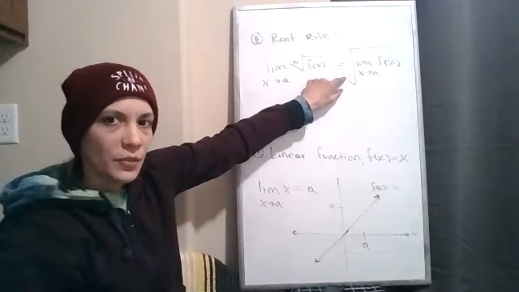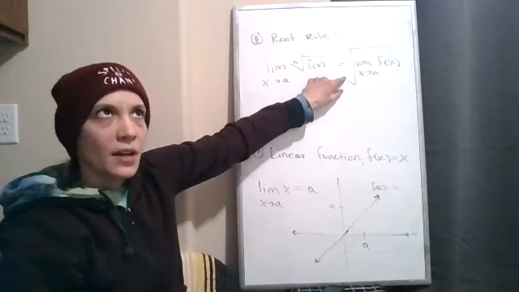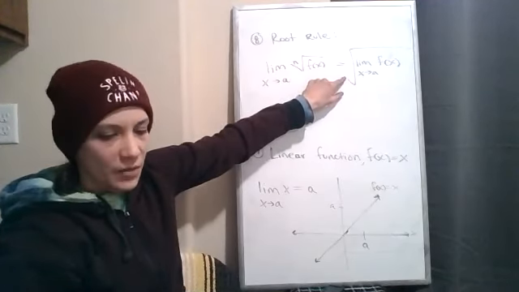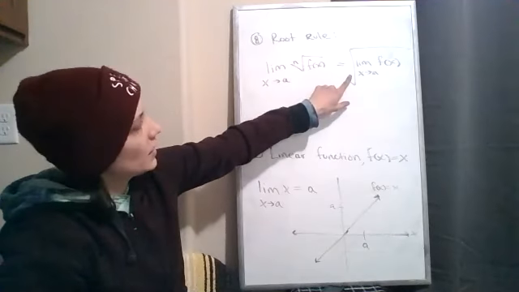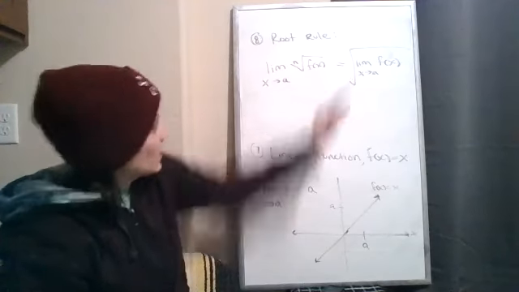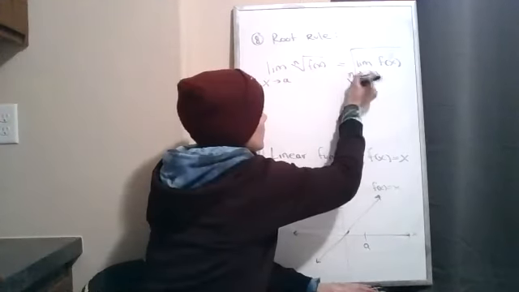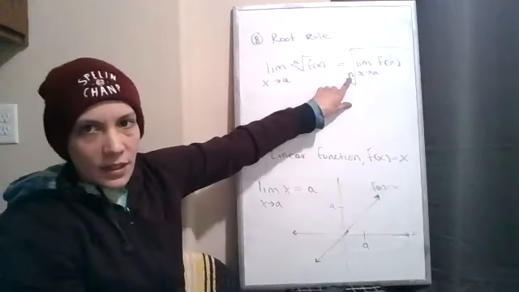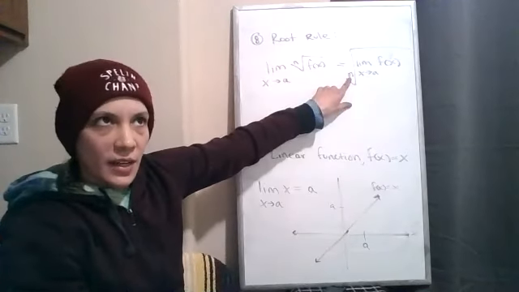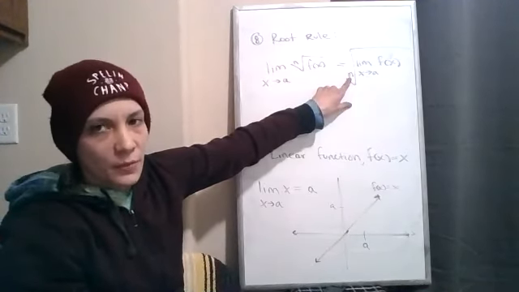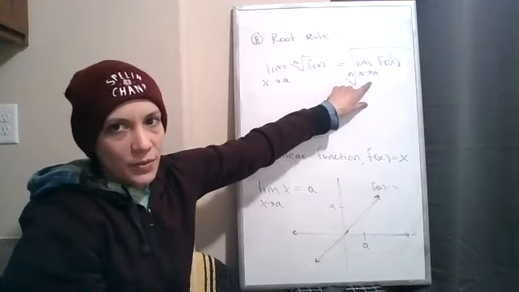So when you take an even root of a negative number, it's not fine. This is an nth root, by the way, so it can be even or odd. Odd is fine. If n is even, this can't be negative.